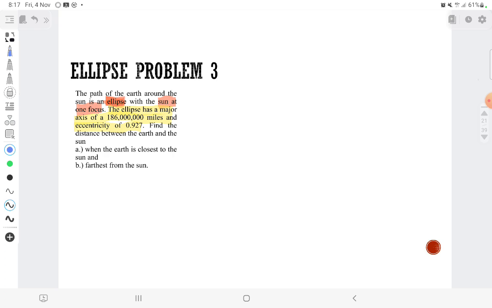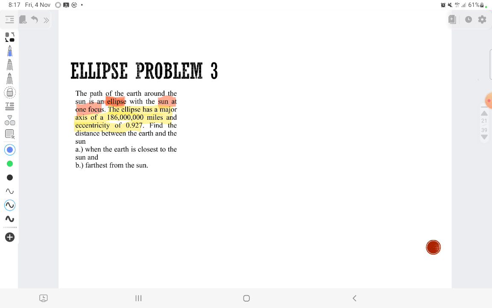Since we are not yet in differential calculus, we will use the formulas of the ellipse in solving for the nearest and farthest point of the Earth from the Sun.